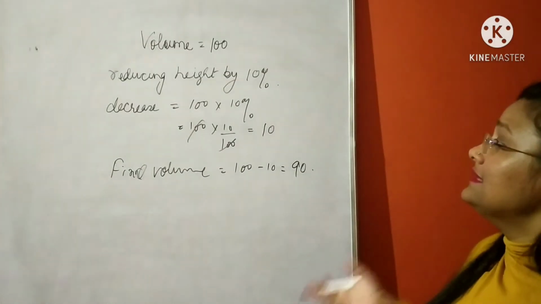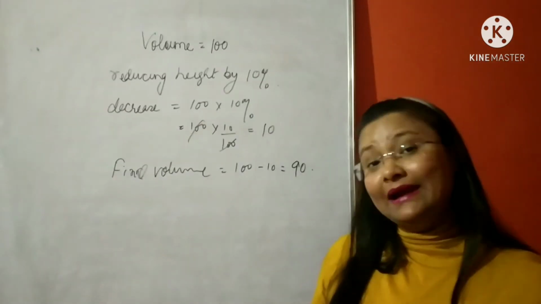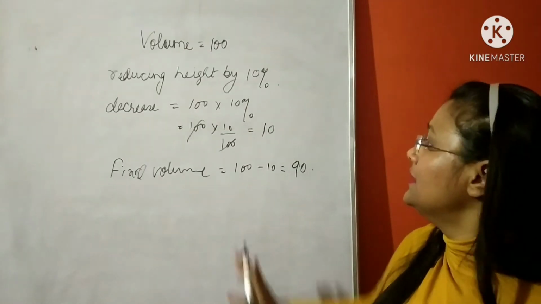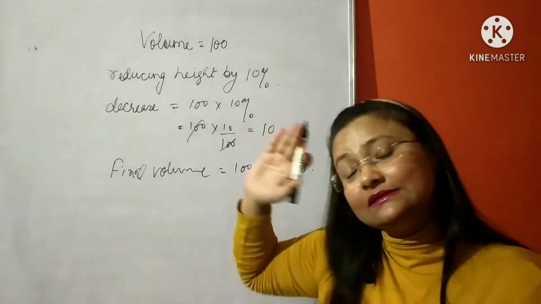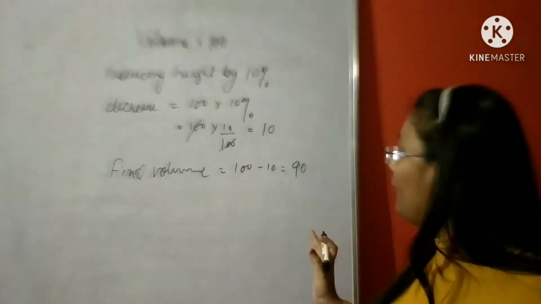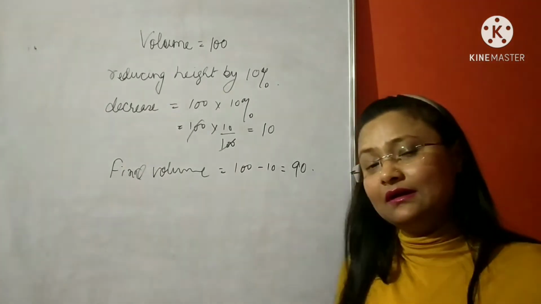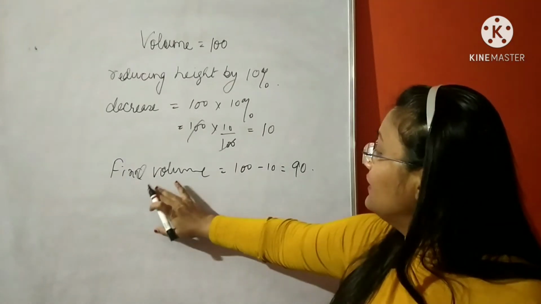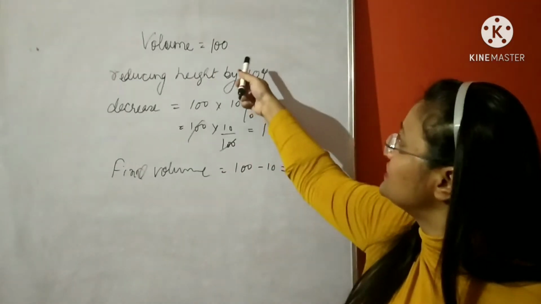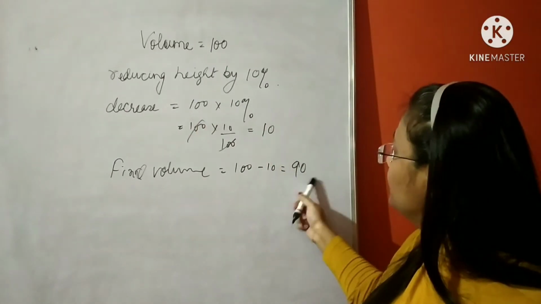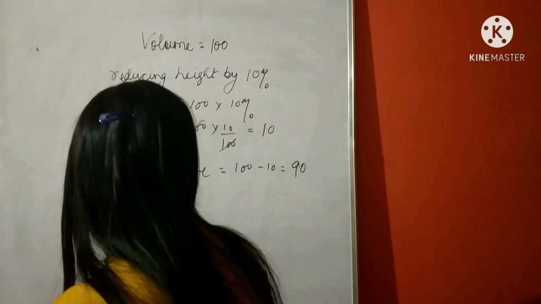And in case they say that they are decreasing the radius as well by 10% in the same question, we have already calculated the decrease in height. Now if in the same question we are decreasing the radius also by 10%, then we will do the same method. Now we will calculate based on 90, because after the 10% reduction in height, the volume has decreased to 90.